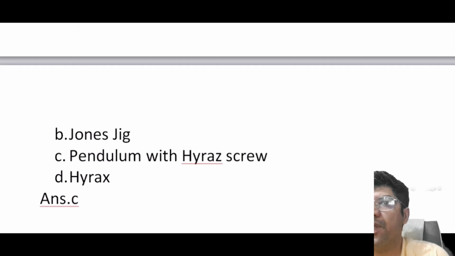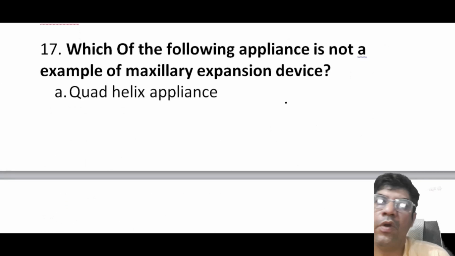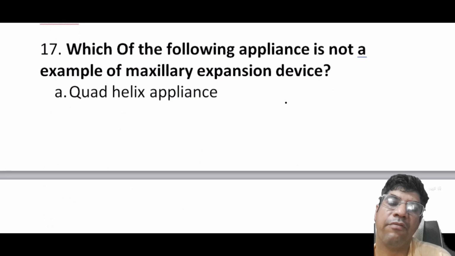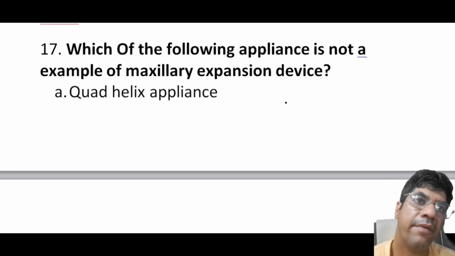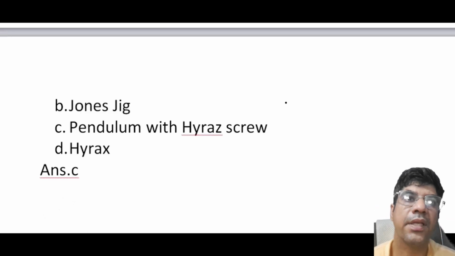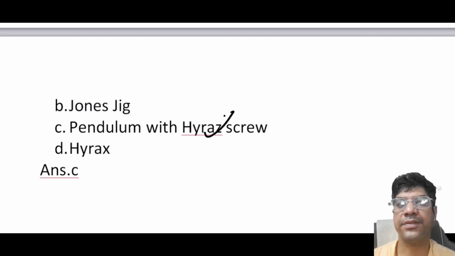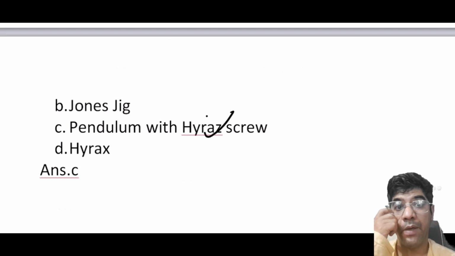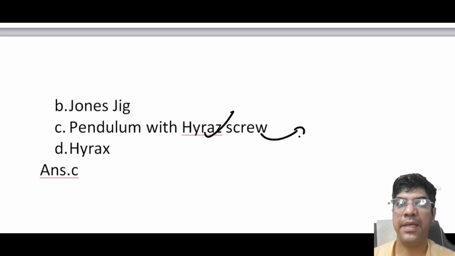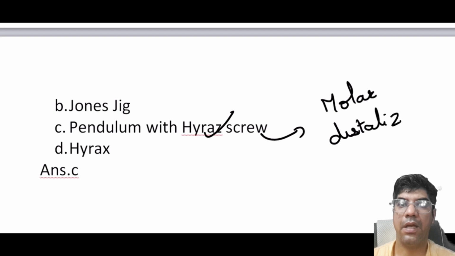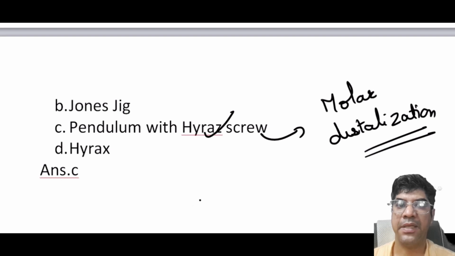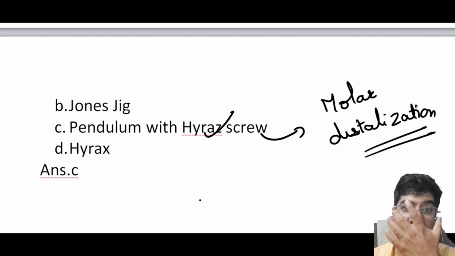Coming to the next question, which of the following appliances is not an example of a maxillary expansion device? The answer is pendulum with a Hyrax screw. We know the pendulum appliance is typically used for molar distalization rather than maxillary expansion, as it consists of a distalizing spring that is attached to the maxillary molar.